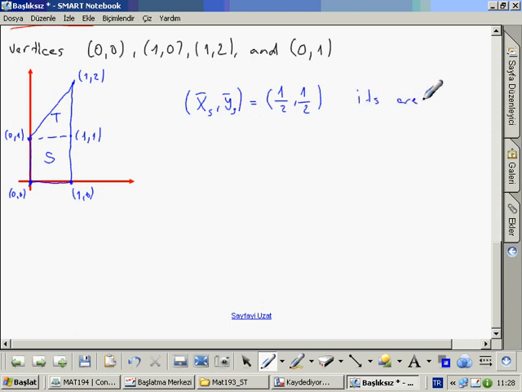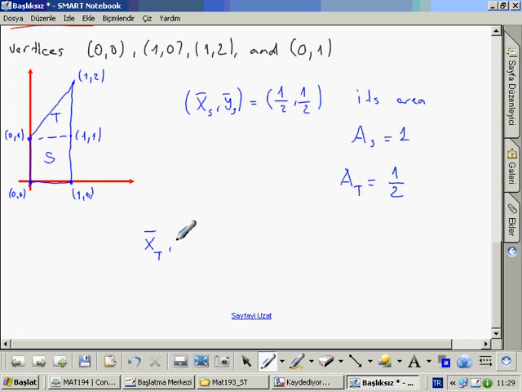Its area, the square area, will be 1 because this is a unit square, and the triangle's area will be 1 over 2.